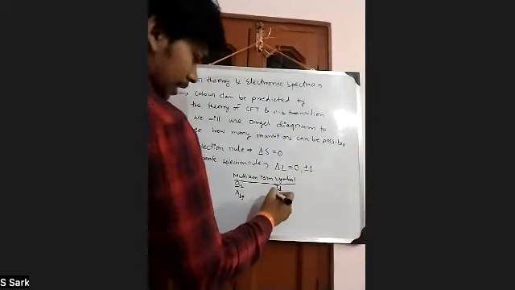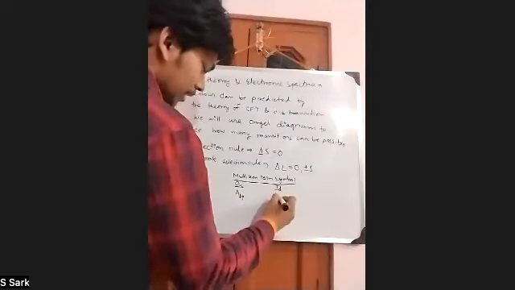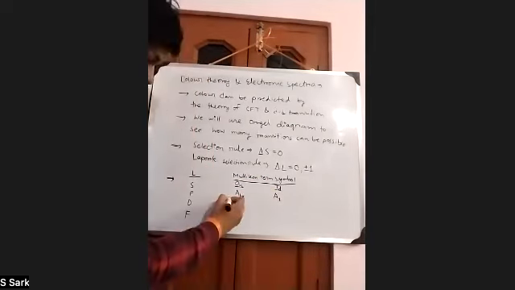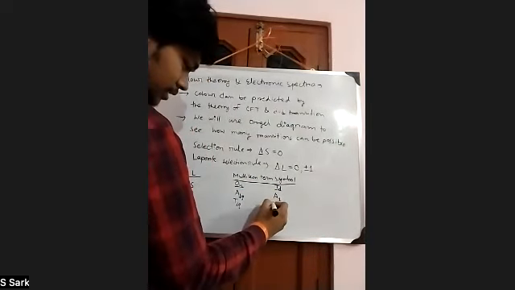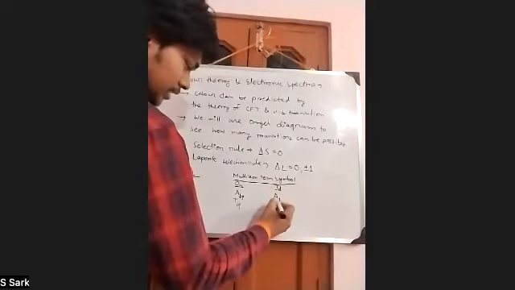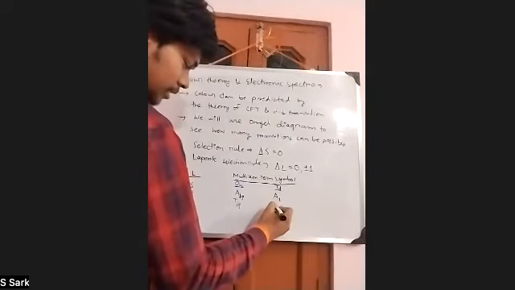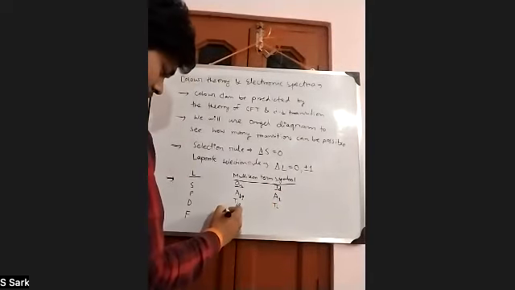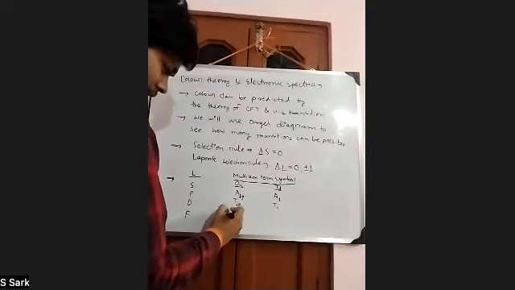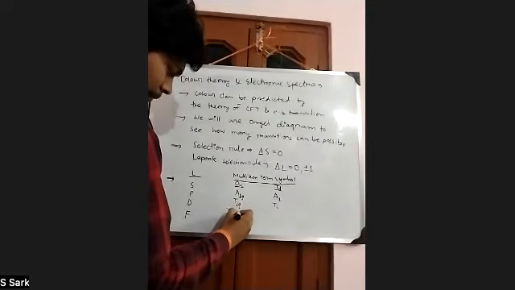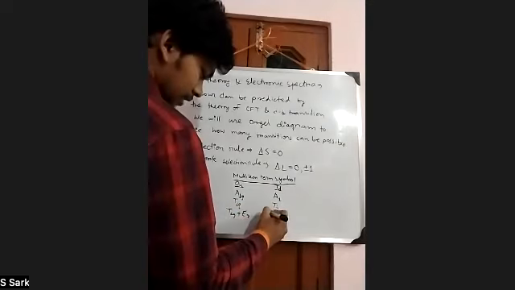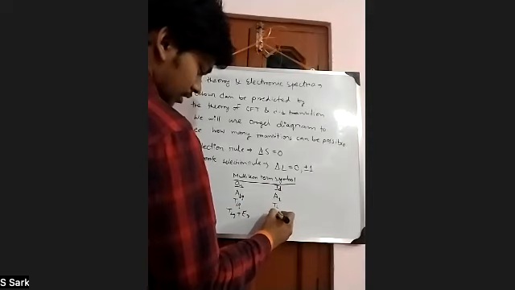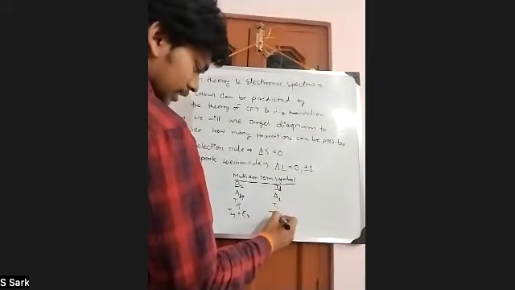And for P, this will be T1G, and for tetrahedral, it will be T1. And in case of D, it will be T2G and EG. And in case of tetrahedral, it will be T2 plus E.